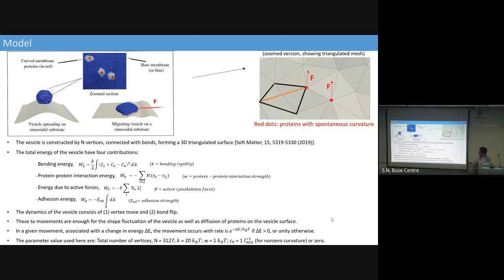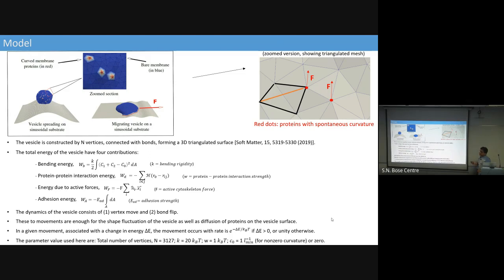What do the bonds represent? Probably you need the bonds to define the surface. I think it is just to define the elastic network. Yeah, that's what it is.